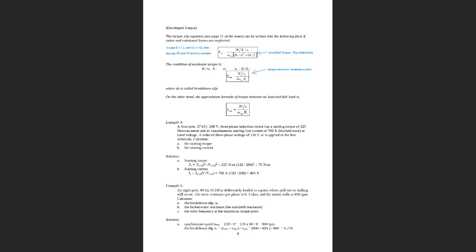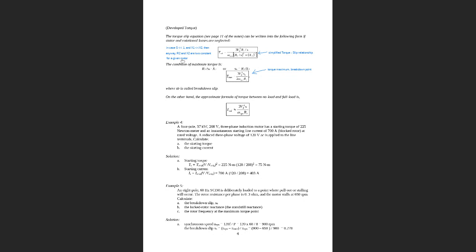Once you have the motor made, R2 and X2 are two constants. R2 is more or less equal to the motor's rotor resistance referred to the stator, and X2 more or less equals the leakage reactance referred to the stator, but not exactly their values.